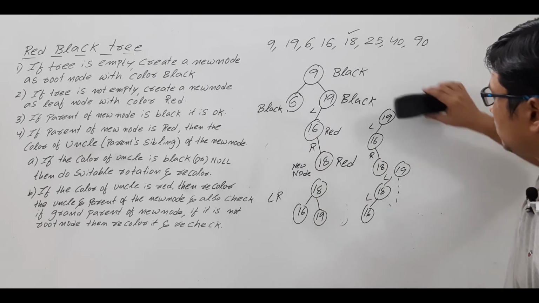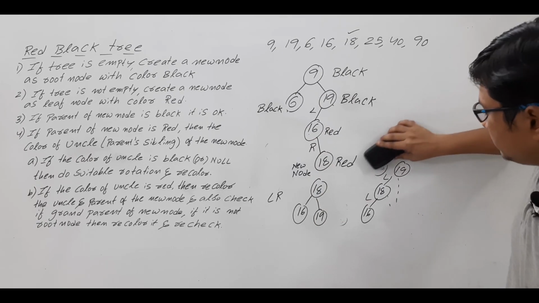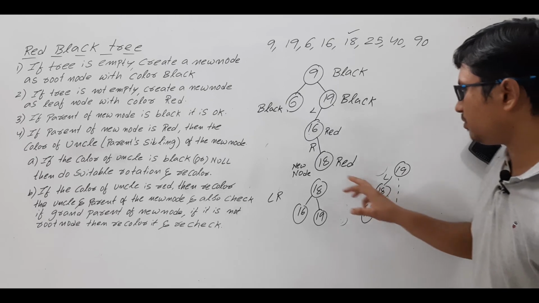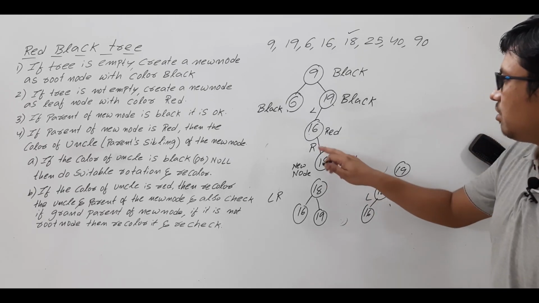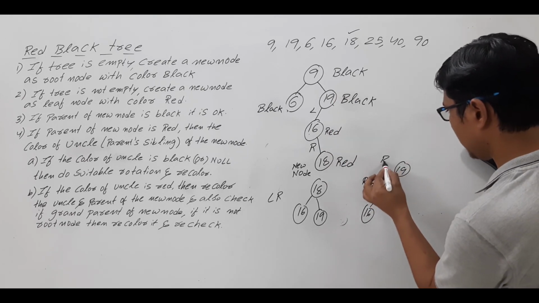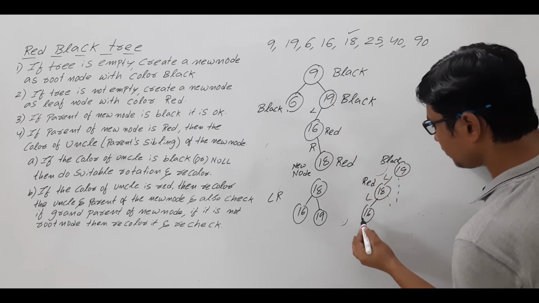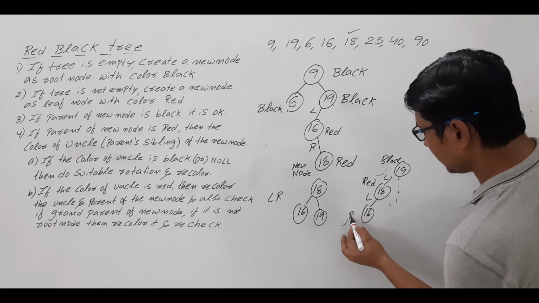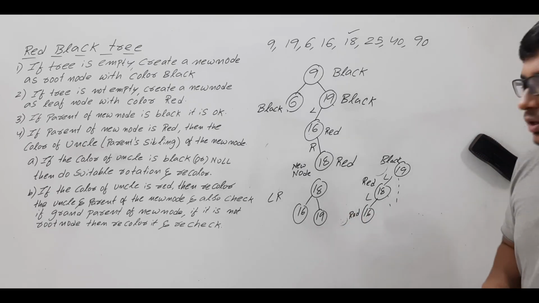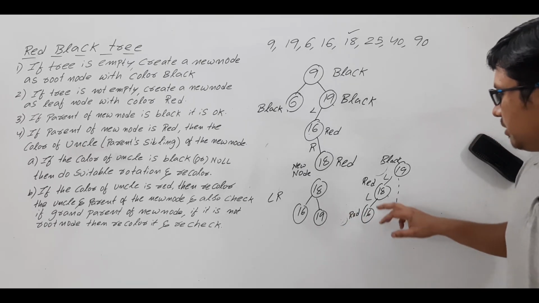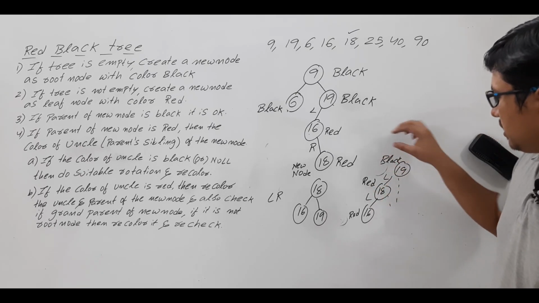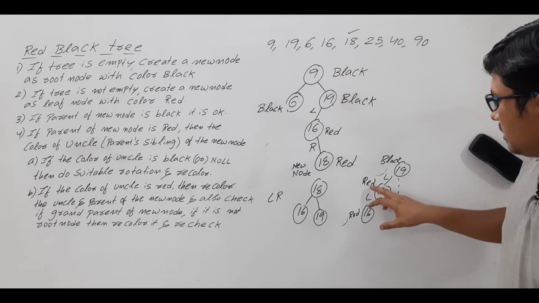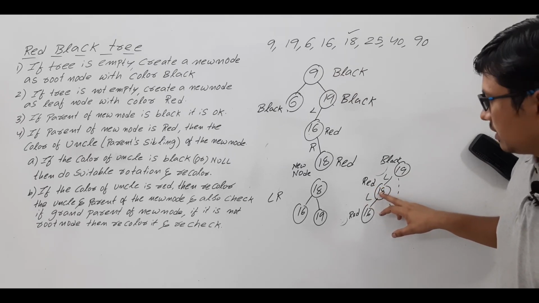Now you need to check one more important point. What is the color of 18? It is red here. What is the color of 19? Black. What is the color of 16? Red. Let me repeat again. This color is red. This color is black. 19 color is already black. 18 color is red.